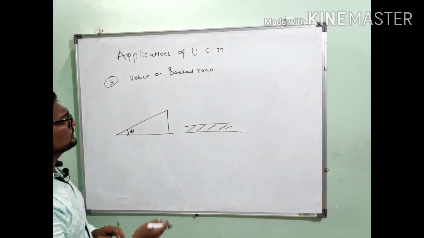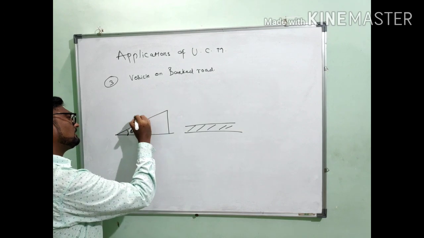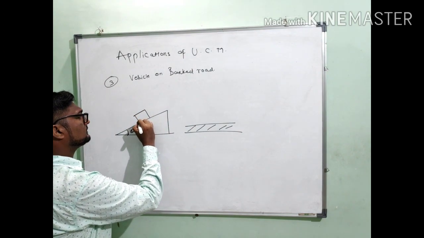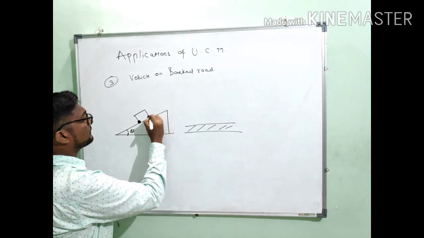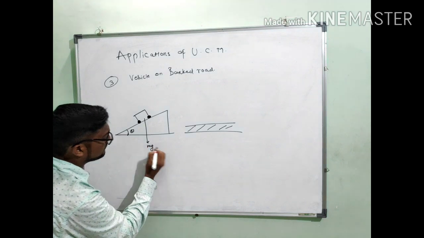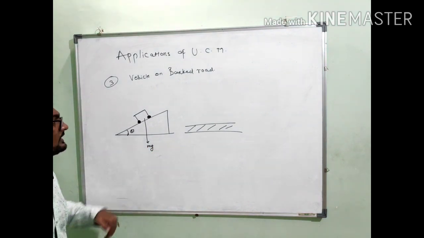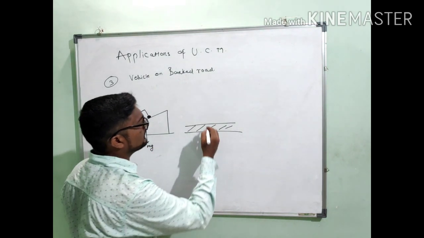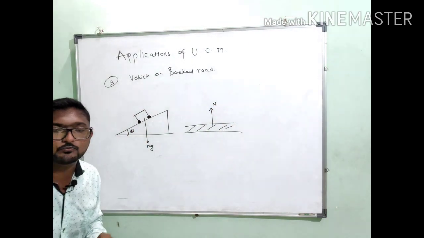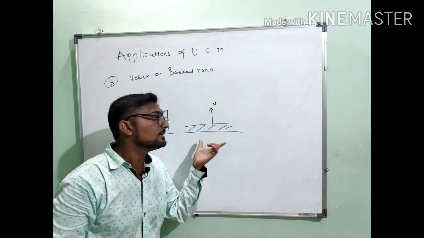So here our car is traveling on this banked road. mg is always acting downward. Now we know the normal reactive force is always perpendicular to the surface.